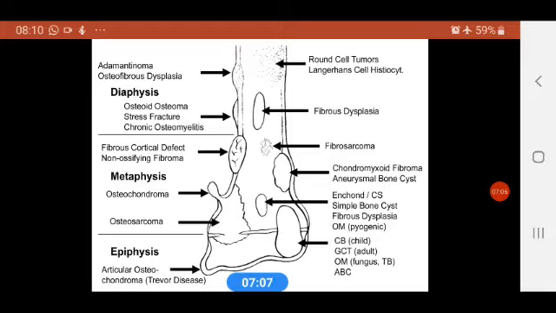The ones arising from the diaphysis are Ewing's tumor, fibrous dysplasia, and brown cell tumors like Langerhans cell histiocytosis, and Ewing's tumor falls into this. So diaphyseal tumors are Ewing's tumor, Langerhans cell histiocytosis, fibrous dysplasia.